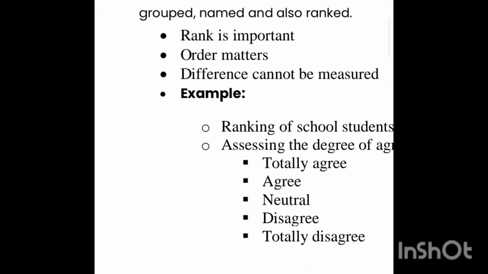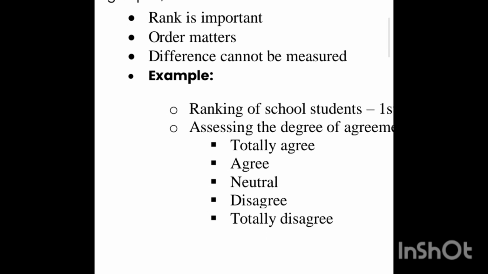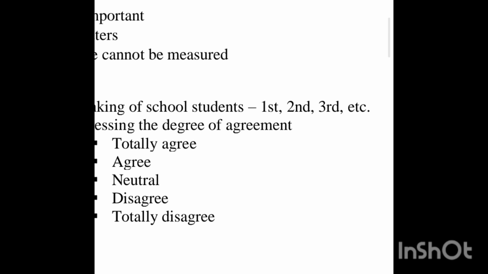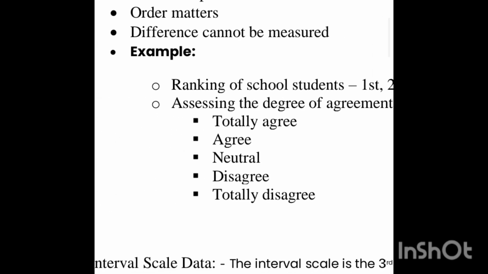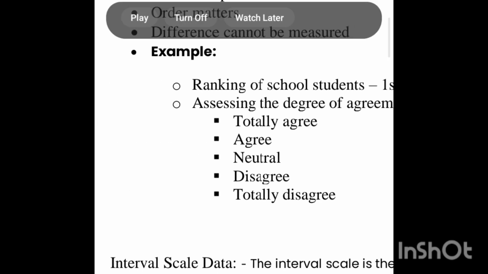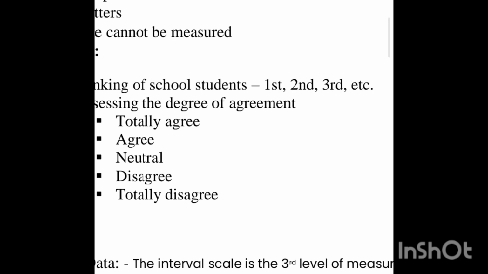Next, interval scale data. This is very important. Interval scale is the third level of measurement. It is defined as the quantitative measurement scale in which the difference between the two variables is meaningful.